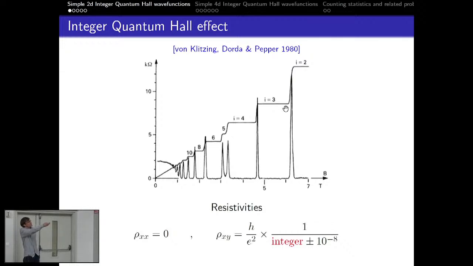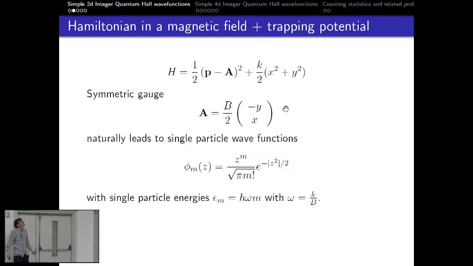The transverse resistivity rho xy, in units of h over e squared, is experimentally very, very close to an integer. This is one of the nice phenomena that occur in condensed matter physics, and there was a huge amount of work to try to explain it, generalize it, and so on. In this talk, I won't have much to say about experimental results, but this is the background that motivates from afar what I'm going to do.